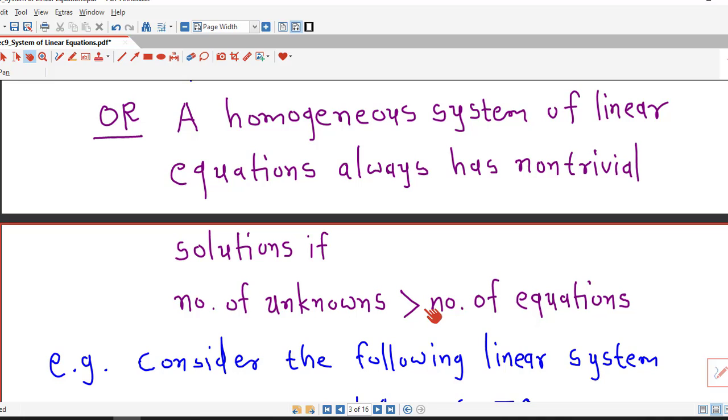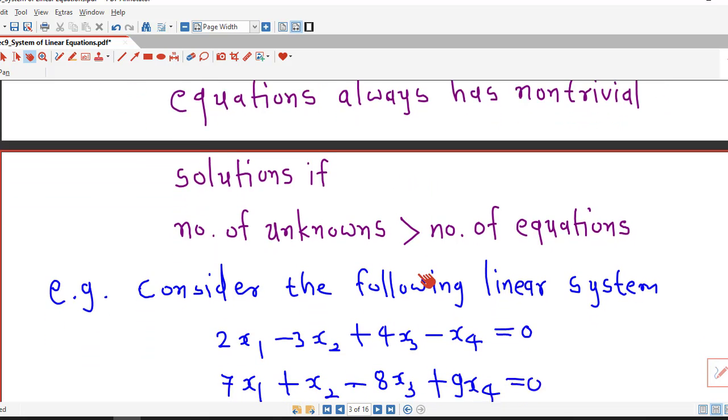If this condition is satisfied for a homogeneous system, then the system always has infinitely many solutions or non-trivial solutions.